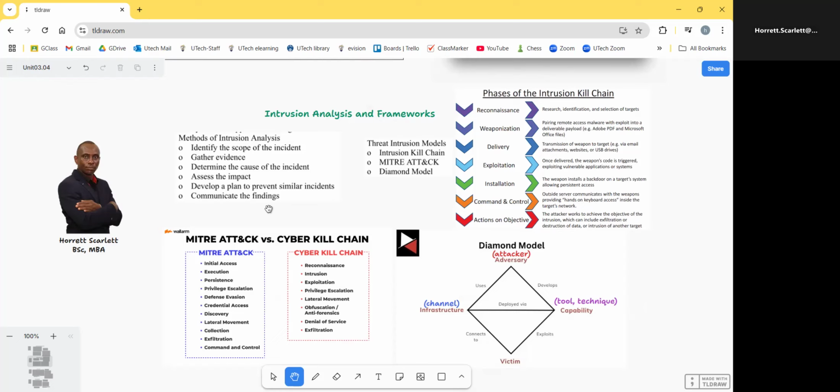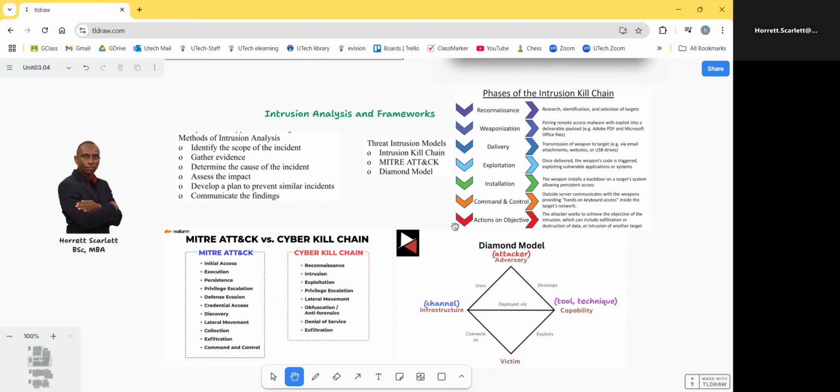Now, having said all of that, let's quickly have a look at the models or the frameworks which are proposed. So we have the intrusion kill chain model, and it identifies a set of steps which the attacker typically uses to gain access and to infiltrate the organization.